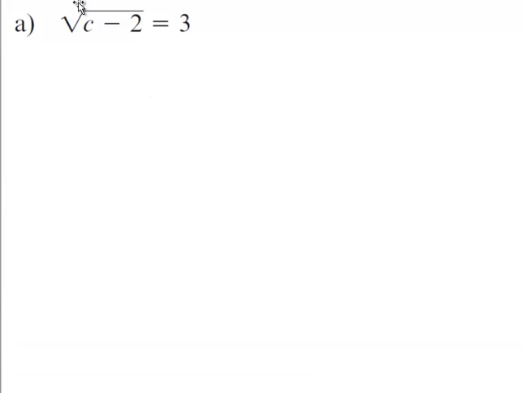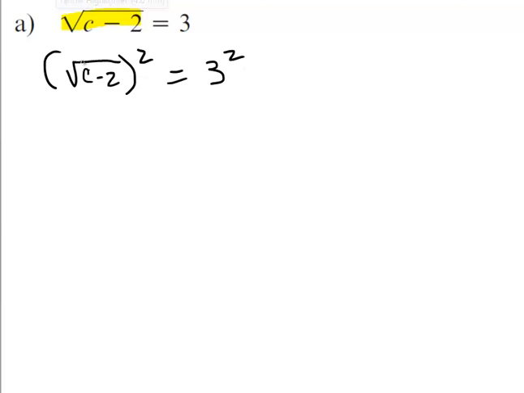So let's, for example, take this equation: the square root of c minus 2 equals 3. Here's my radical, and I need to solve for the variable, which is c. Right now, that's going to be kind of hard to do. So I'm going to square both sides, because what I do to one side, I can do to the other.